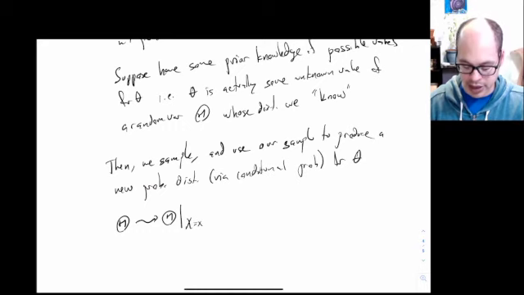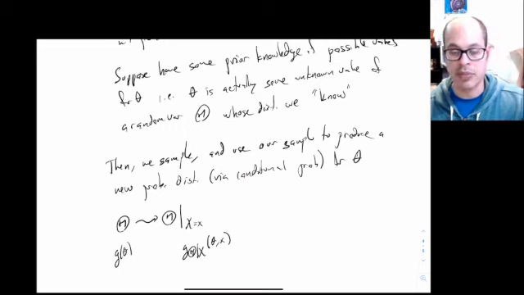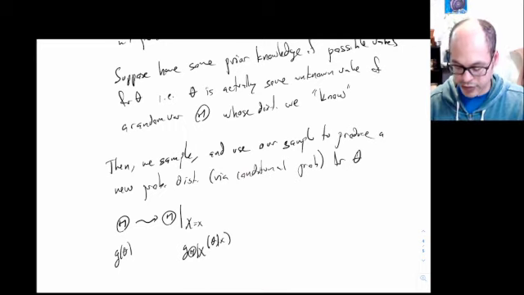So that is to say that if this had some density function g of theta, then this one is going to have the density function for the conditioned variable, conditioned on that particular value for x.